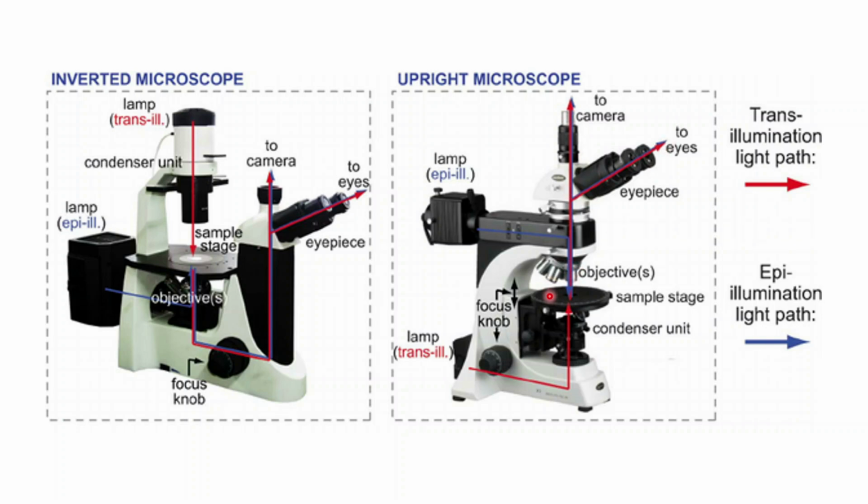If the slide or any kind of substrate you are using to keep the sample is opaque or translucent in nature, then you have to use an upright microscope, because if you are using an inverted microscope, the lamp is actually at the top.